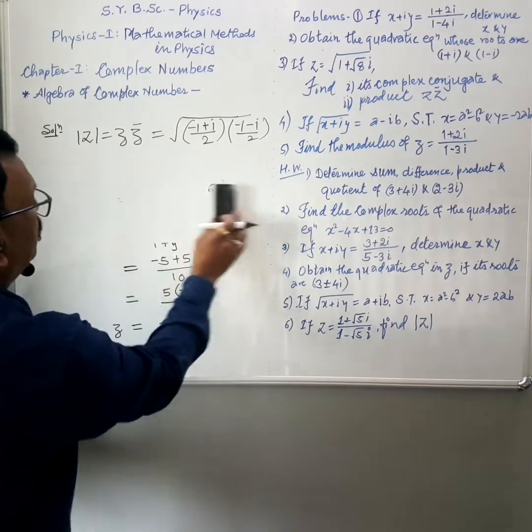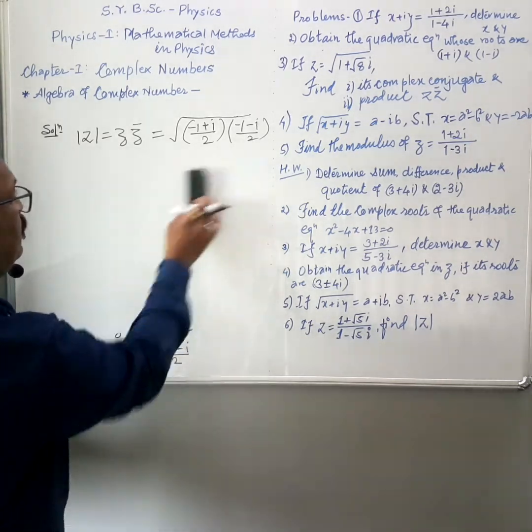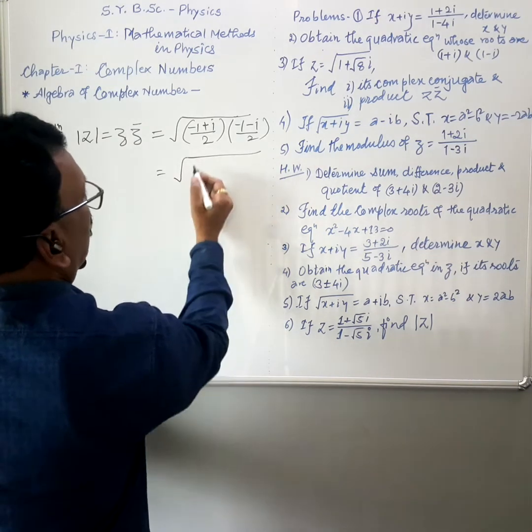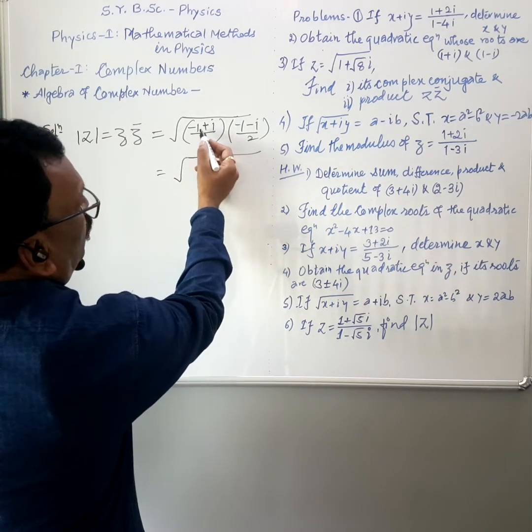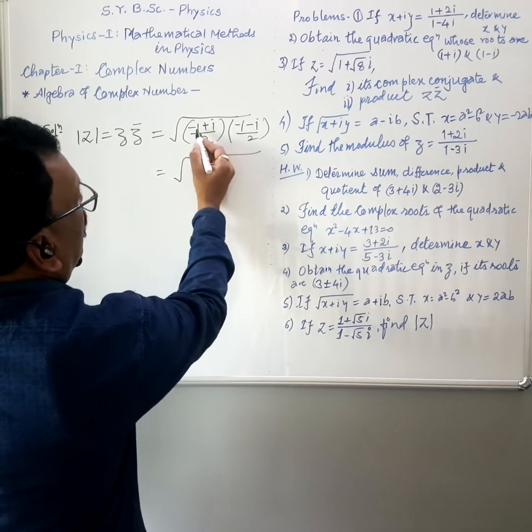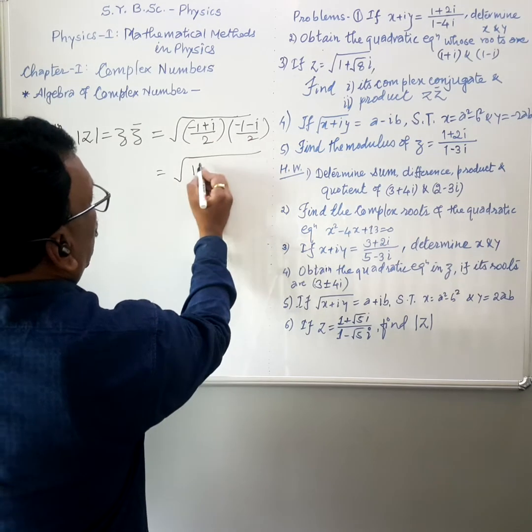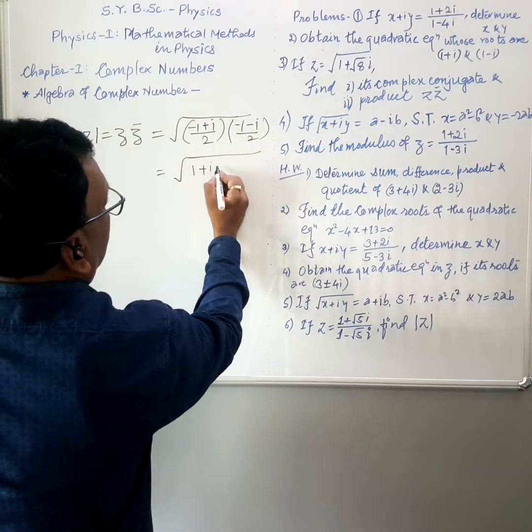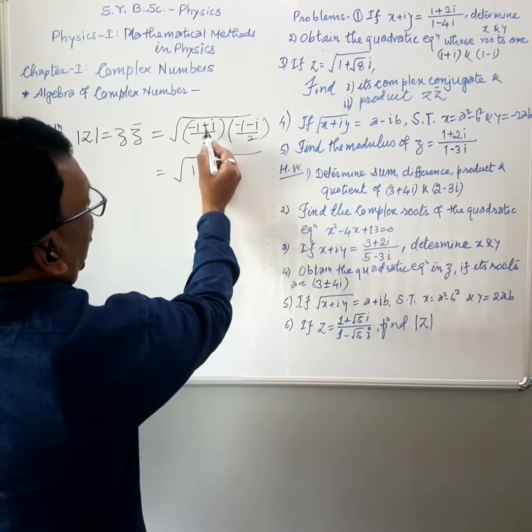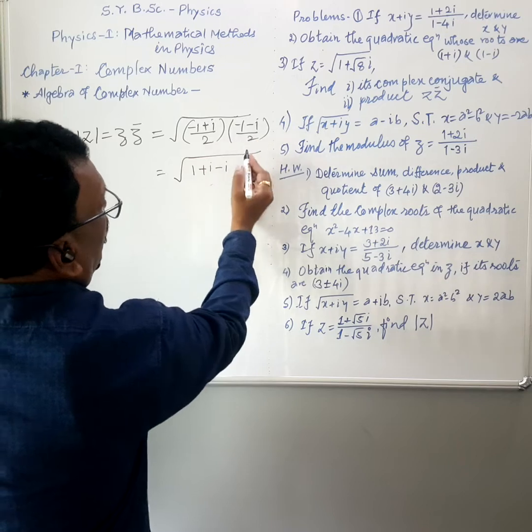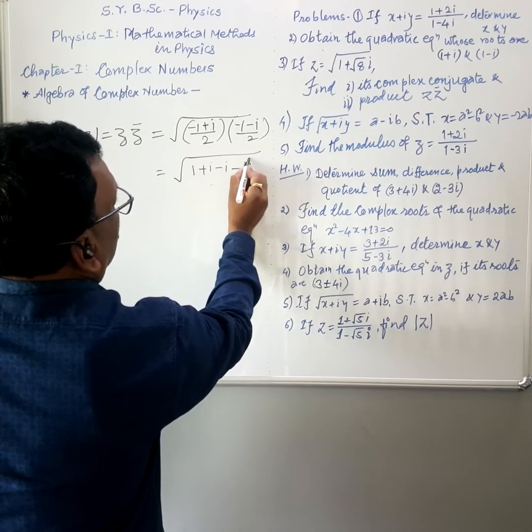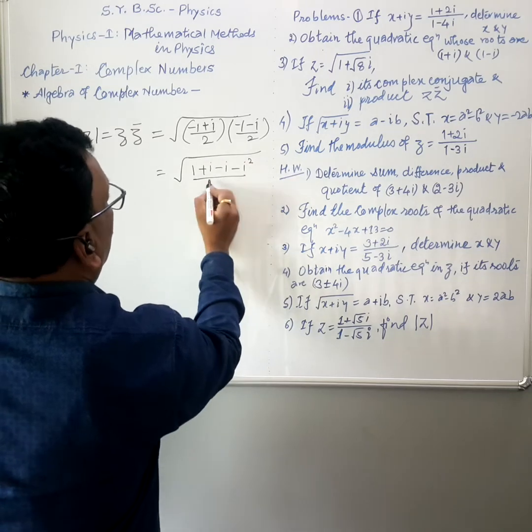Solve this term, we get minus 1 into minus 1, 1, minus 1 into i, minus i, plus i into minus 1, minus i, minus i into minus i, plus i square upon 2 into 2, 4.